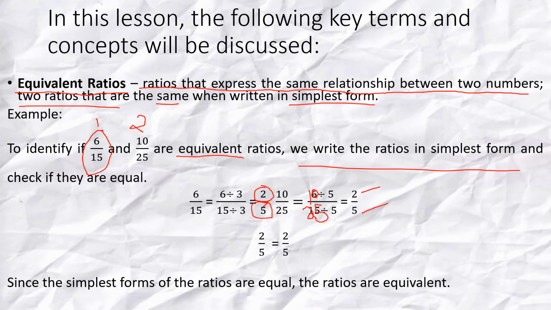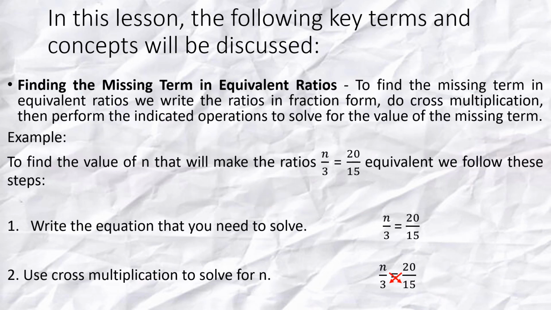So we can say that this ratio 6 over 15 and the other ratio 10 over 25 are called equivalent ratios. Again, we can say that two ratios are equivalent when we simplify them and we have the same simplest form. Next one, the second term is finding the missing term in equivalent ratios.